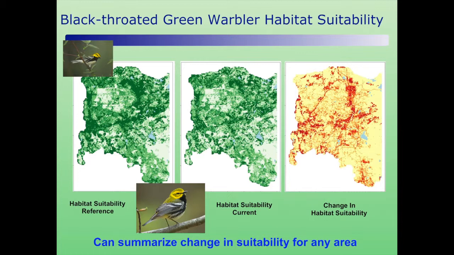You can then create predictive relationships of the abundance you'd expect of a species in the environment. So here for black-throated green, this is the study area. For every quarter section, based on the human footprint that's present and the vegetation that's present, you can create an expected habitat suitability for that critter. In addition, this is current.